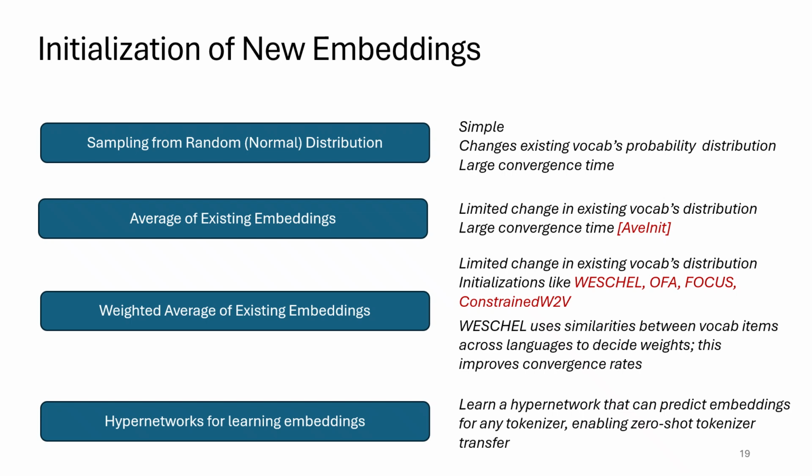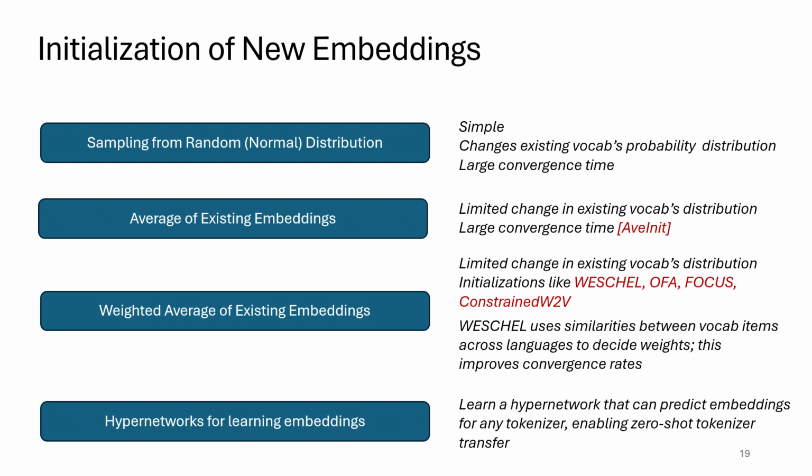The simplest thing is to just randomly initialize the new embeddings. But this can change the existing vocab's probability distribution. And therefore, if you want to continue to pre-train the new adapted model, the convergence time might be higher.